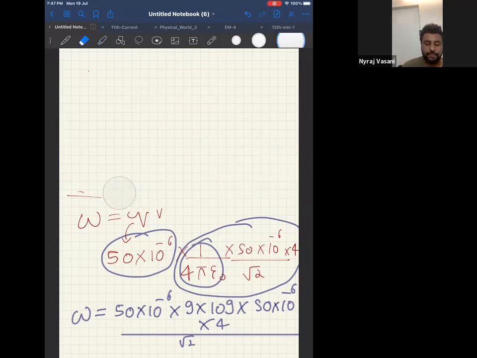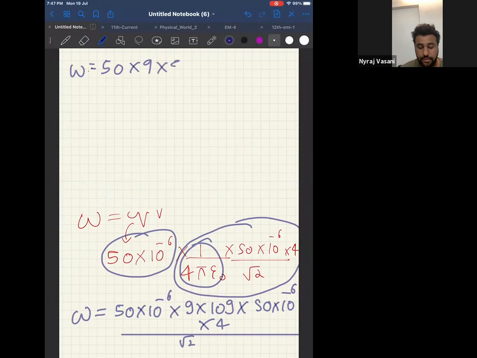Now solve and tell me how much I get. W is equal to 50 into 9 into 50 into 4. Correct? What did I do? I kept all the numbers on one side.